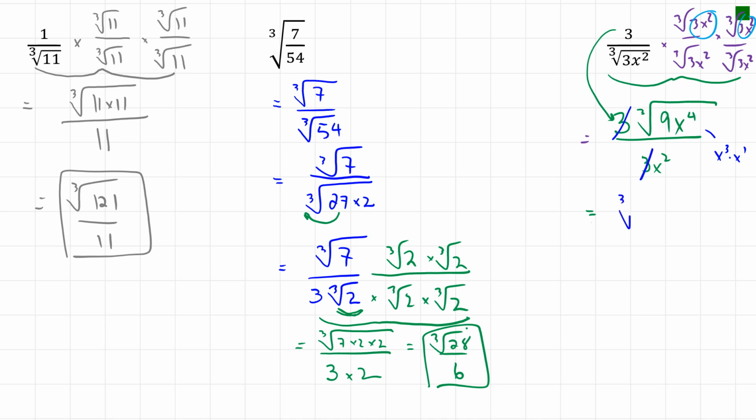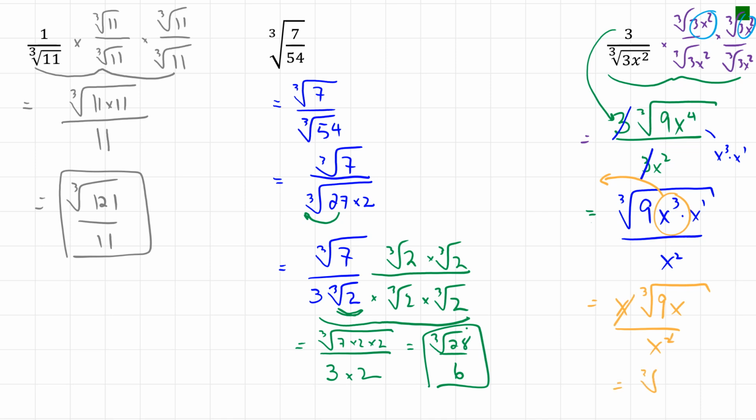So if I rewrite 9 times x cubed times x to the 1 over x squared, this perfect cube here can be pulled out of the radical and it becomes an x. And it's the cube root of 9x over x squared. This cancels with one of those, and I end up with the cube root of 9x all over x. No radical in the denominator. It's all gone.